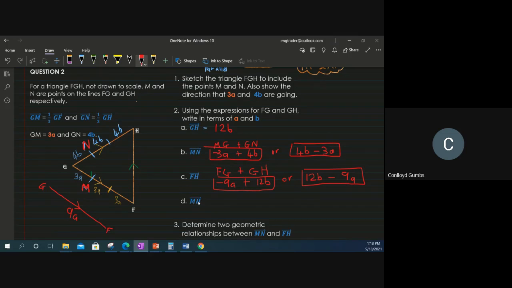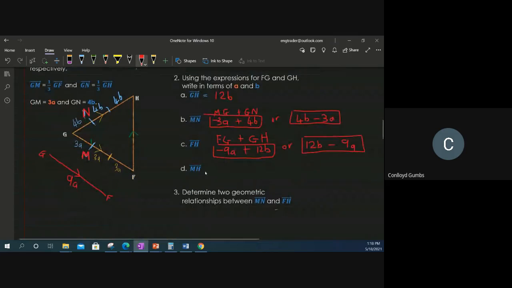So then this now, M to H. If I'm going from M to H, that means I'm going from M to G plus G straight to H. I have M to G, then G straight to H. Okay?